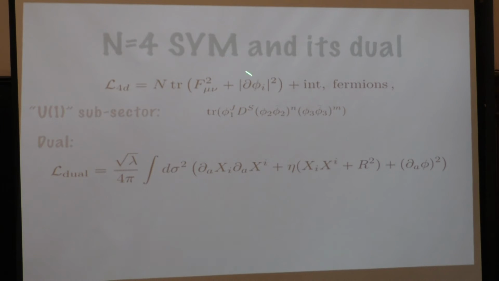Right, and then what we know about this model and about the sector in particular is that the dual description can be given by a string. So X is a worldsheet field in 2 dimensions, describing the worldsheet of the string. And then this term is here just to impose that X squared is minus R squared, so it's on AdS, right?